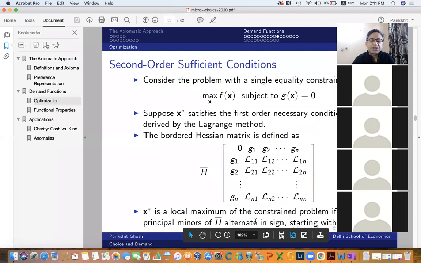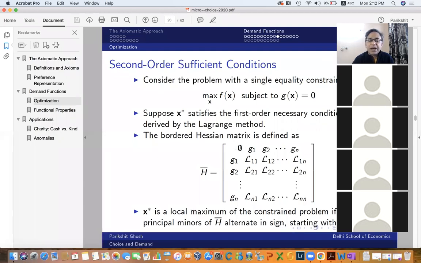The second order condition says that the principal minors of this bordered Hessian matrix have to alternate in sign, starting with negative, weakly negative. What are the principal minors? You take the submatrices. The first principal minor is just this element, 0 in this case.